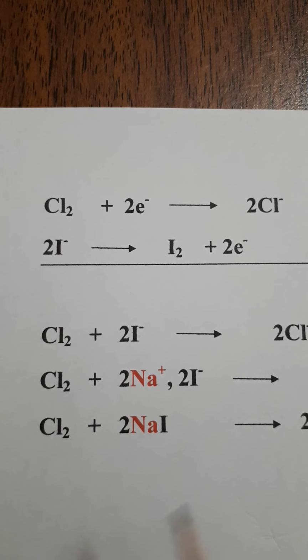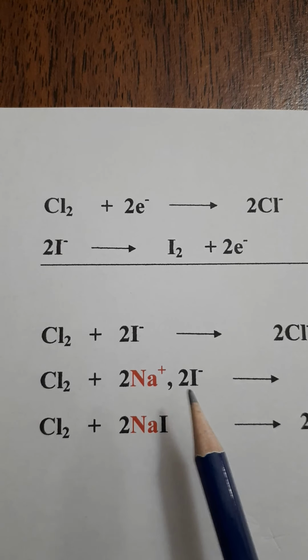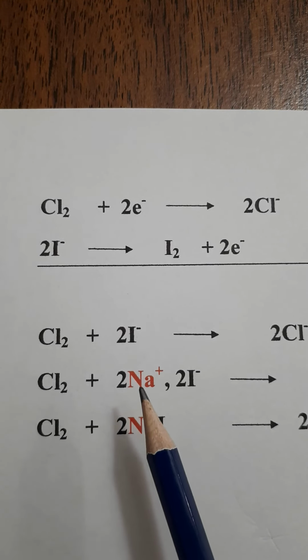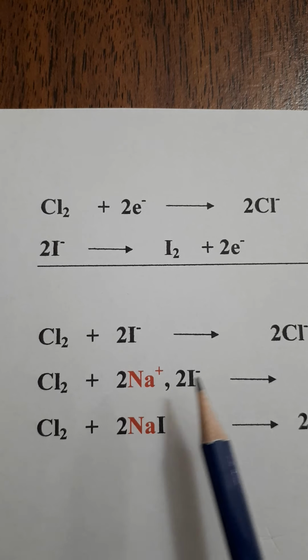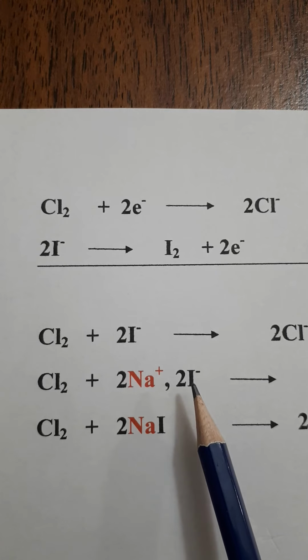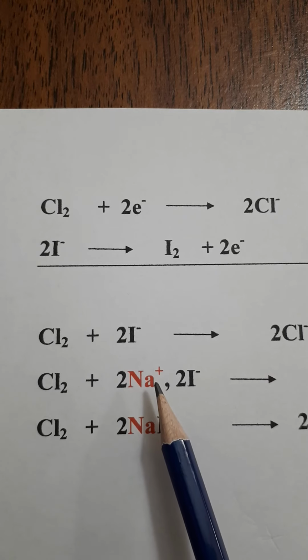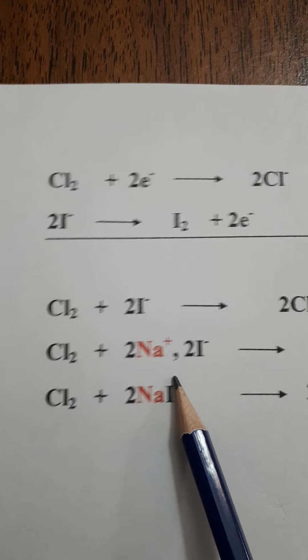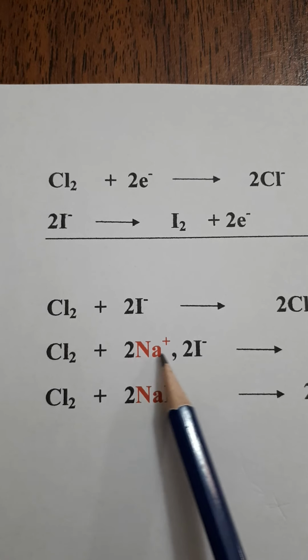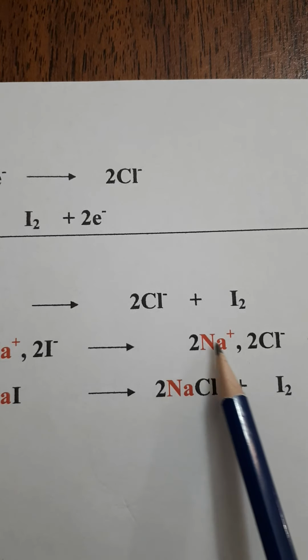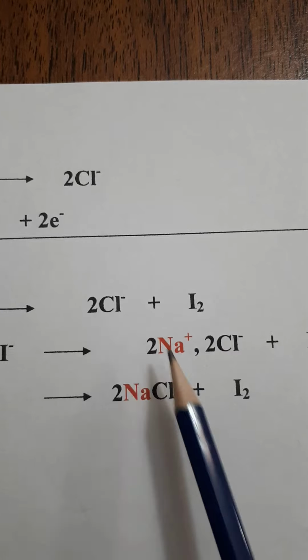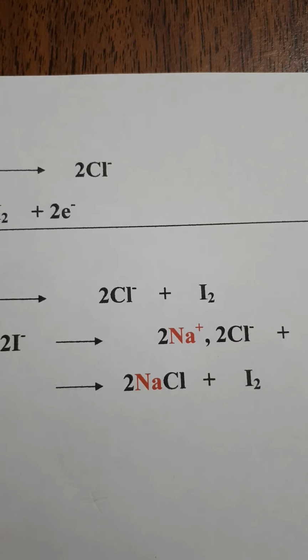But in this reaction, in that solution, we had sodium ions too. It was sodium iodide. So for each iodide ion, there was a sodium ion. But they did not get involved in the reaction. But we can put them on the side like this. We can put them here in red color.